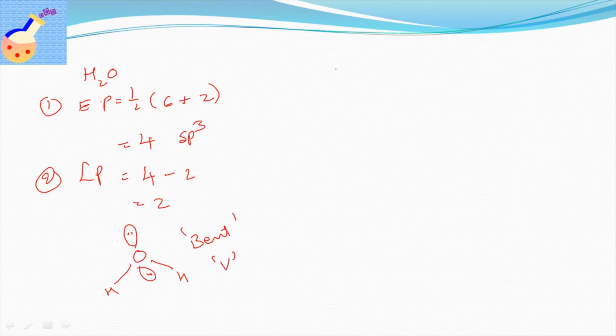Okay. Another example for you, that is PCl3. In this case, phosphorus is the central atom. So number of electron pairs are half of, phosphorus belongs to fifth group, so 5 valence electrons, 5, univalent atoms 3, charge 0. Now it will be sp3 hybridization because 4 electron pairs are there.